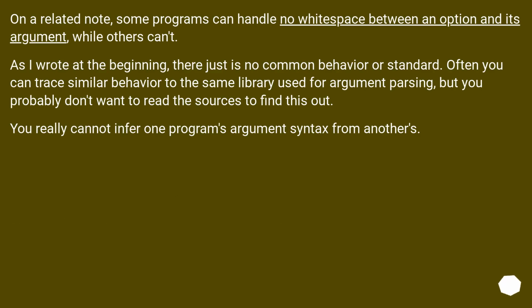On a related note, some programs can handle no whitespace between an option and its argument, while others can't. As I wrote at the beginning, there just is no common behavior or standard. Often you can trace similar behavior to the same library used for argument parsing, but you probably don't want to read the sources to find this out. You really cannot infer one program's argument syntax from another's.